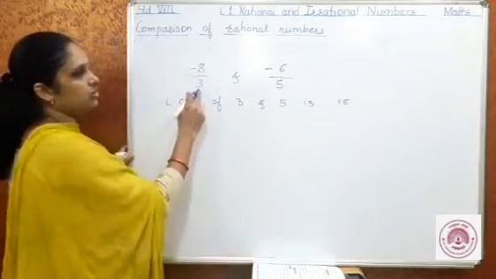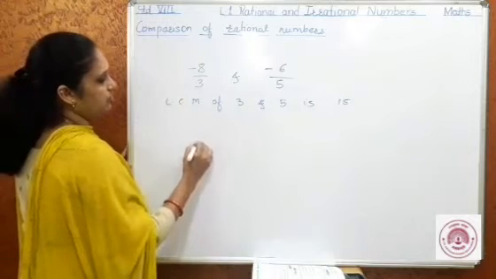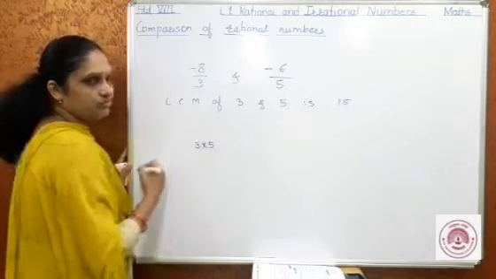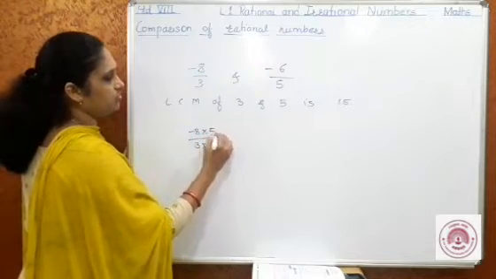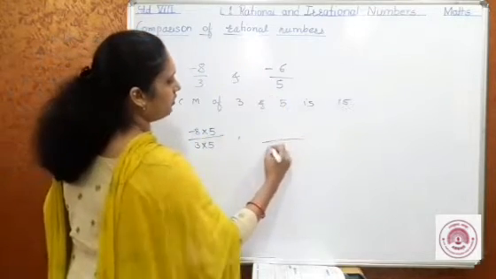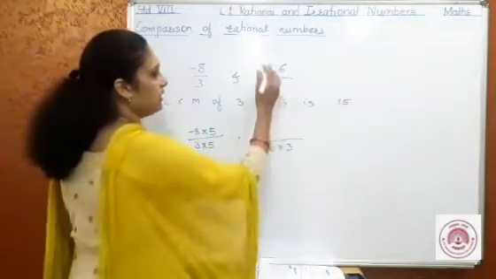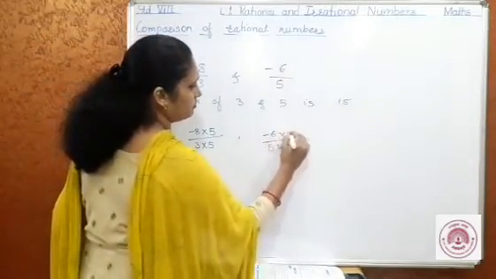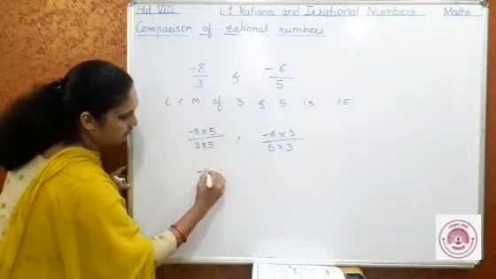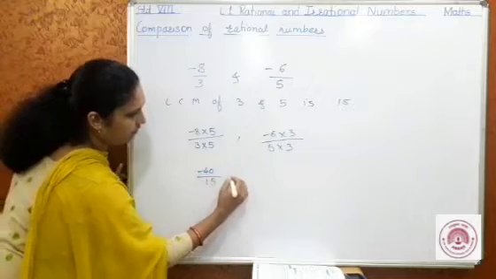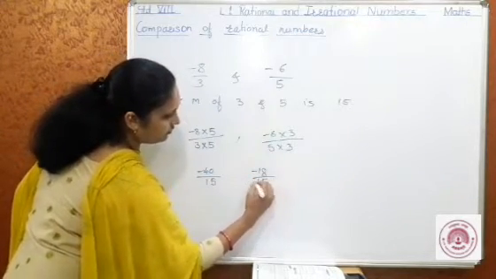Now I have to make this denominator 15. 3 into 5 is 15, so the same number I will multiply to the numerator also. And this one also I have to make 15. 5 3s are 15, so the same number I will multiply to the numerator. So 8 5s are 40 upon 15 and 18 upon 15.